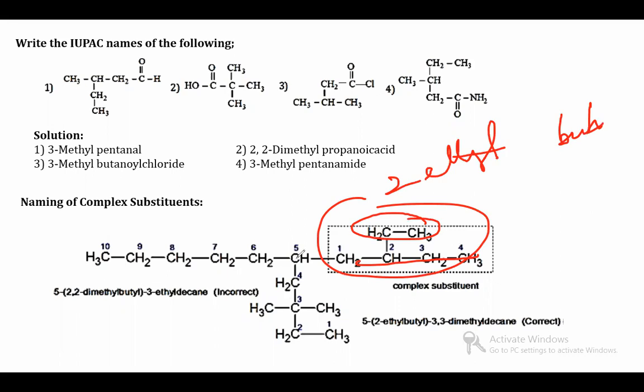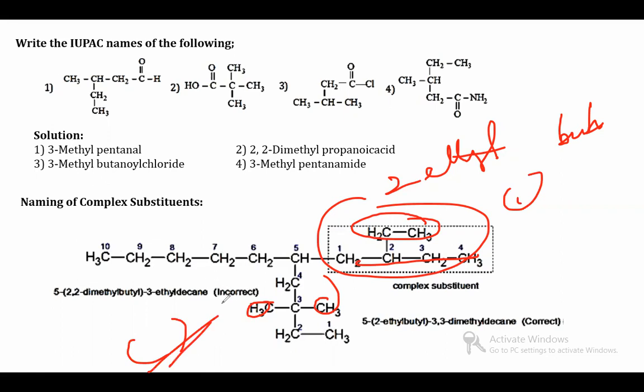And next, for this fifth one, look here: fifth one, sixth one, seventh one, eighth one, ninth one, 10th one. Okay, here third carbon. This chain is okay, no problem. For this substituent group, a complex substituent, we need to represent it within a square bracket.